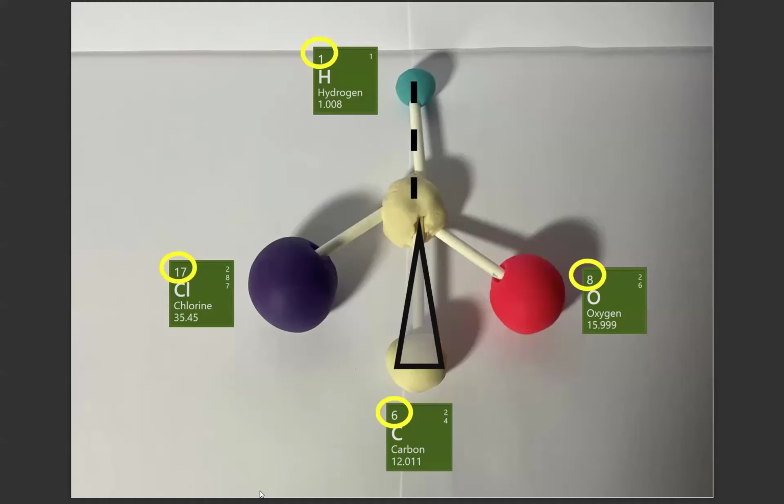We need to look at the atomic number of our side groups to determine the rotational geometry. The highest atomic number receives the highest priority, and the lowest atomic number receives the lowest priority. For clarity, we will label our side groups A through D in order of descending priority.